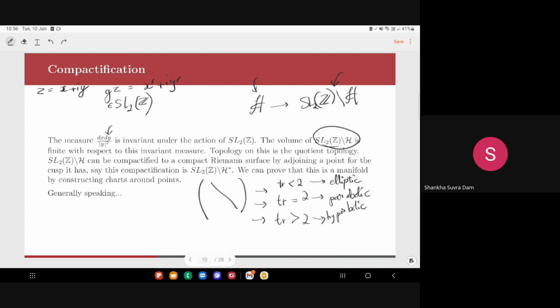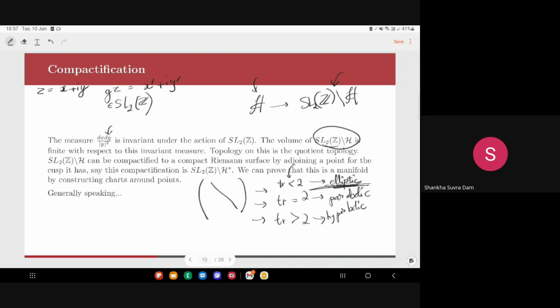The fixed points of elliptic elements are called elliptic points, and matrices like this always have finite order. Anyways, we have a separate construction of charts for these special types of points.